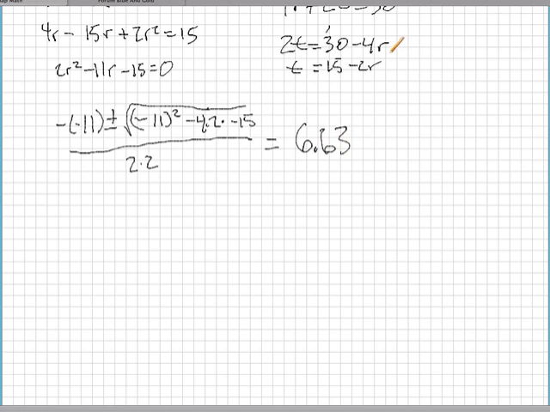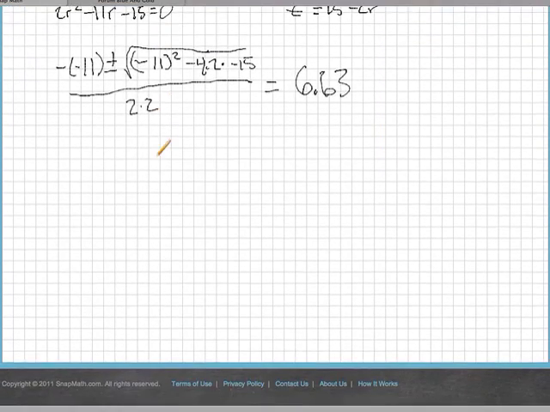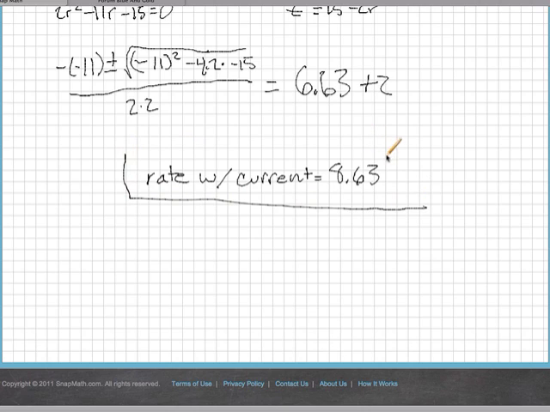So that's what r equals. R is the rate without the current, but we want the rate with the current, so we just add 2. So the rate with current is equal to 8.63, we're just adding 2, and that's in kilometers per hour.